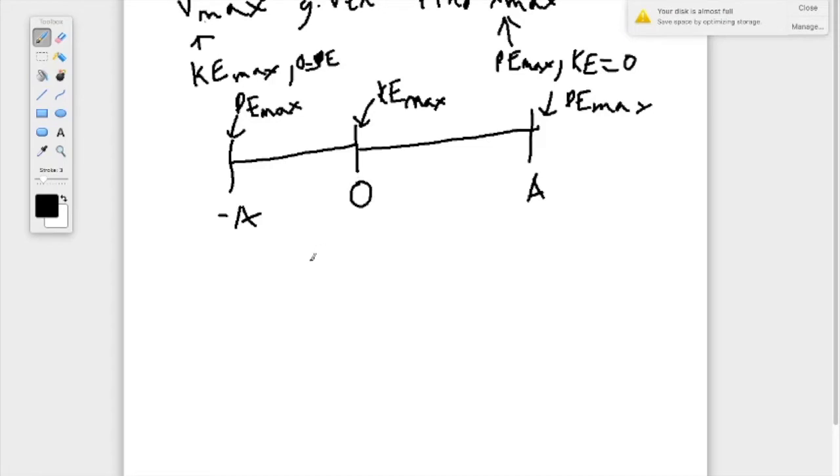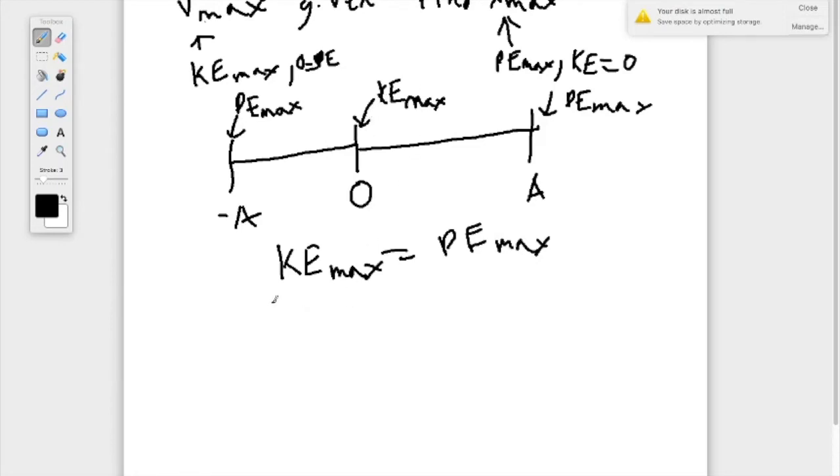So what we can do, given v max, is find x max. We can set the maximum kinetic energy equal to the maximum potential energy, because these values will be the same since all the energy is transferred to one type.